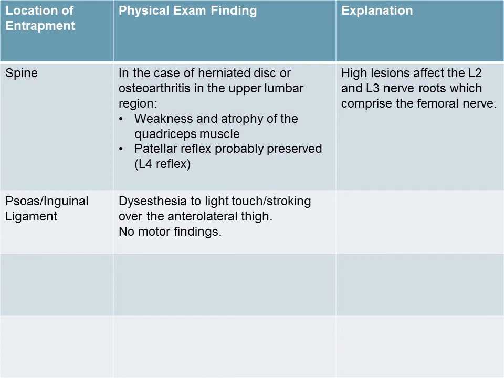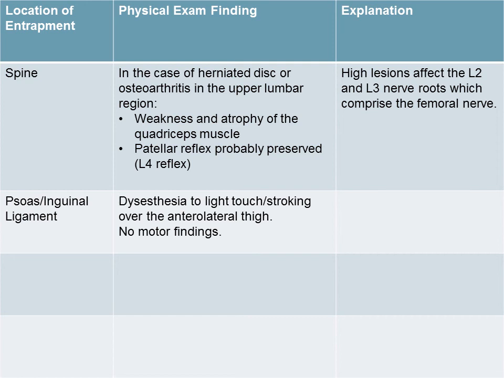And as we're going to see in a couple minutes when we talk about the femoral nerve, the L2 and L3 nerve roots contribute to the femoral nerve. So a lesion high in the spine that affects the L2 and L3 nerve roots may also cause simultaneous findings in the quadriceps, maybe weakness and atrophy of the quadricep muscles.